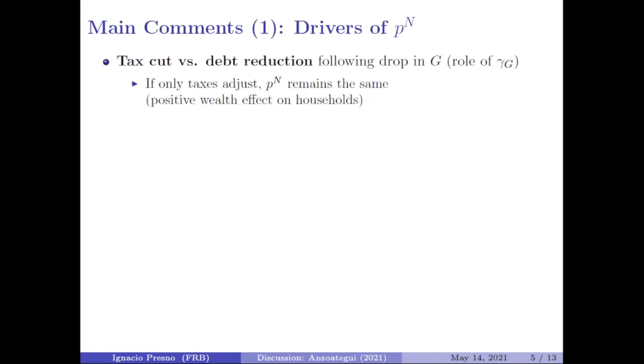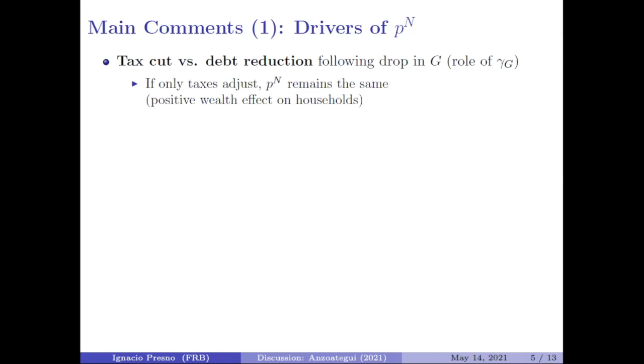Now, let me bring your attention to some assumptions that can be affecting the effectiveness of spending in this economy. The first one relates to whether we have a tax cut or a debt reduction following the drop in G. If only taxes adjust, then as we could see in the previous equation I showed you, the relative price of non-tradables would remain the same.